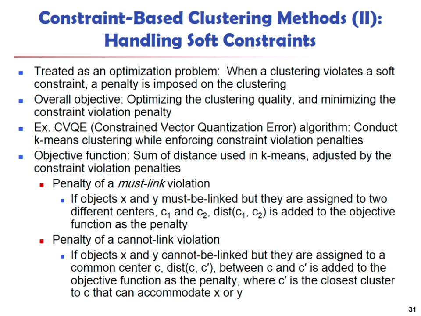We talk about soft constraints. Here we use the penalty concept, and we define a penalty for a must link violation and a penalty for a cannot link violation. Is it clear? Any questions about handling hard constraints and handling soft constraints?